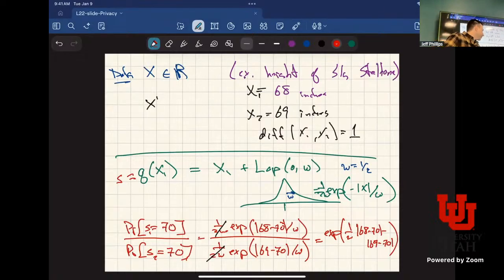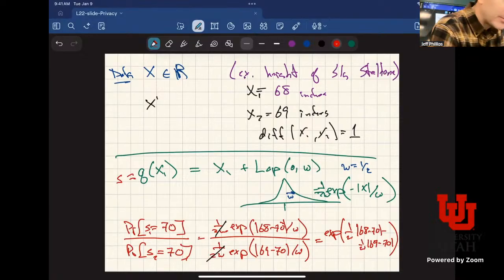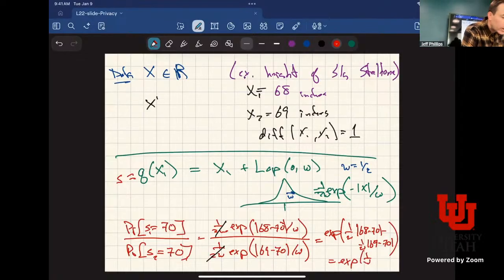The 1 over W factors out in front, and the difference inside: 68 minus 70 is 2, and 69 minus 70 is 1. So the difference in these values is 2 minus 1, times 1 over W. So I'm going to get just the exponent of 1 over W, because the content of the value is off by 1 here.